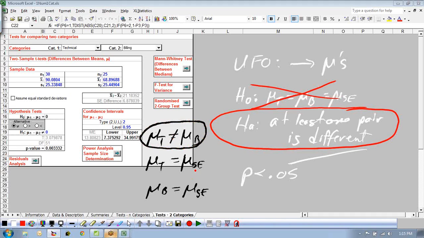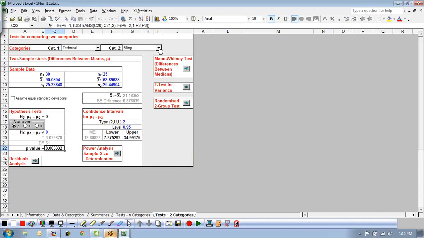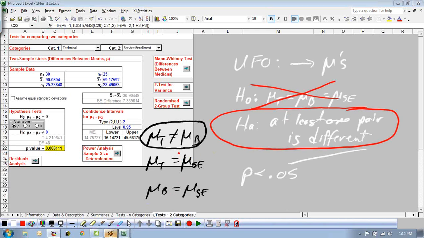We found that that was not equal, right? That's significant. All right, let's go to the next one, technical and service enrollment. Notice how that just has a drop-down menu. It's kind of cool. Yeah, there it is. That's very significant. So again, I'll circle that one. We found that those were not equal.